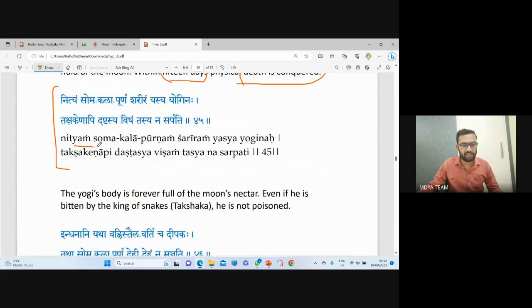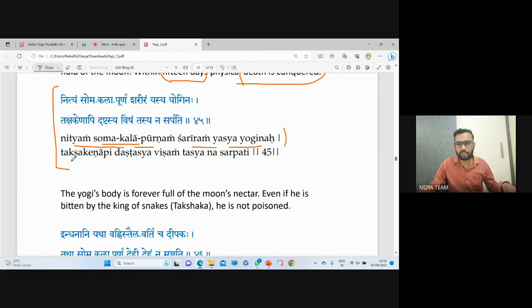Next is Nityam Soma Kala Purnam Shariram Yasya Yogine. It means that a yogi who regularly practices Khechari Mudra has the Soma Kala Purnam. The nectar will be full in the yogi's body, no loss of the nectar.